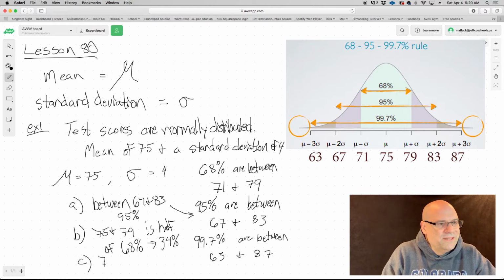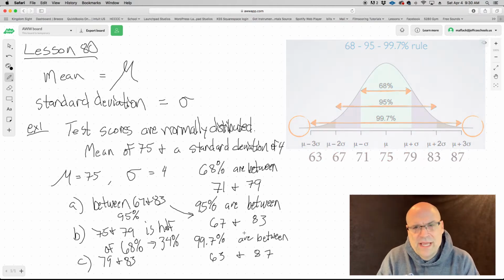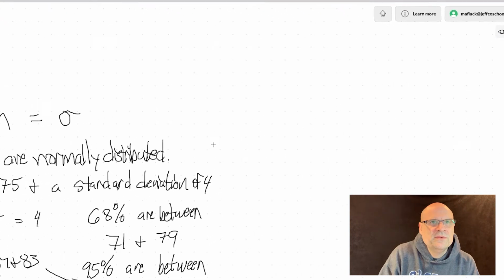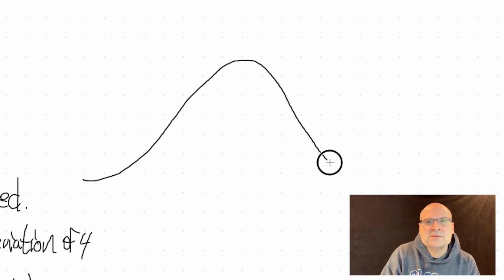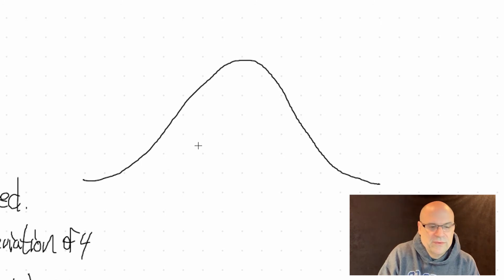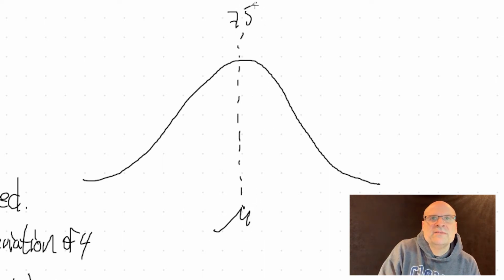C asks, what percent of the scores are between 79 and 83? Well, where do 79 and 83 lie? That falls in this category, but it's the upper half of this upper half. So maybe it'd be helpful to draw our bell curve here with these specific examples. This is our mean, which is 75.